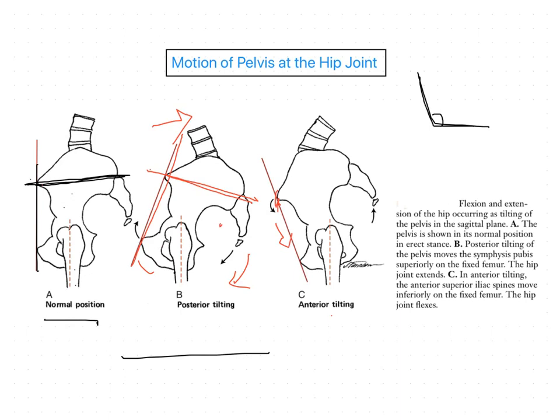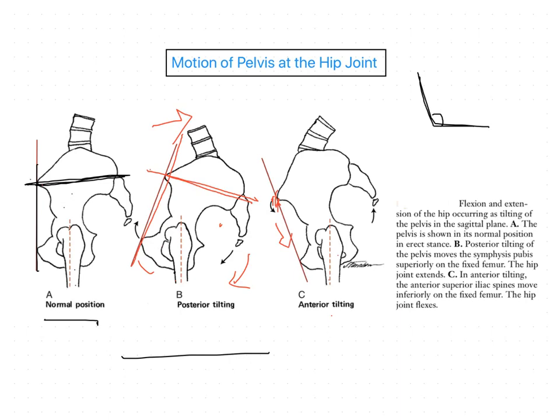The hip joint extends here. And in the case of anterior tilting, the anterior superior iliac spines move inferiorly and downwards on the fixed femur. Then the hip joint flexes. So this is about the anterior and posterior pelvic tilt.